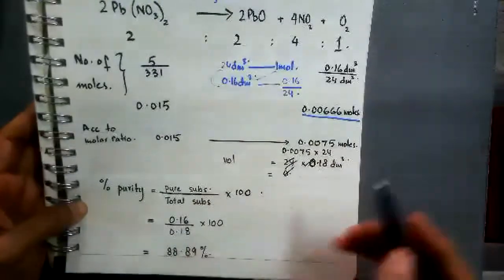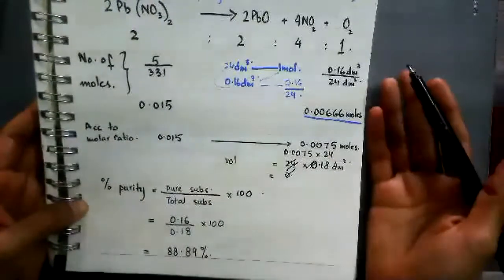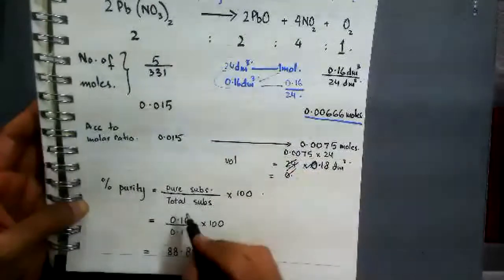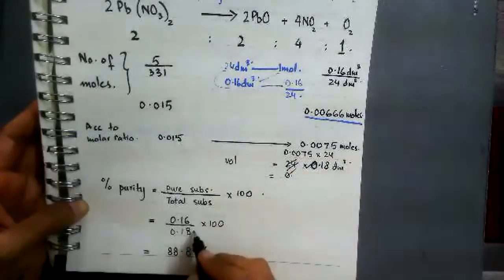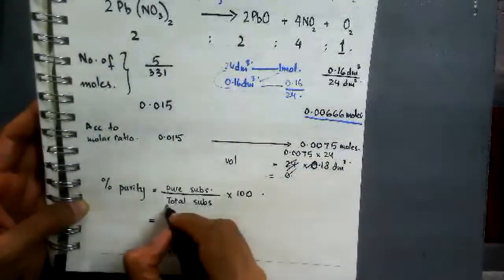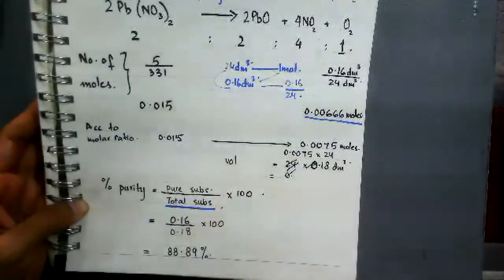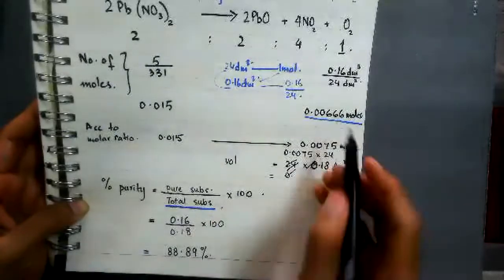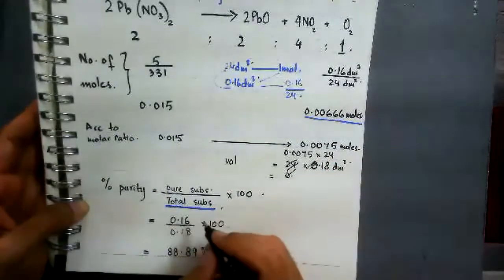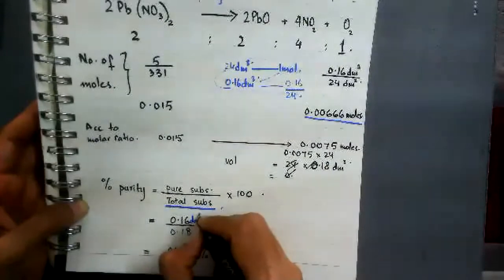Then I realized that volume ratio is the same as molar ratio, so I put in the values directly. So this is 0.16 dm cube, which got produced.